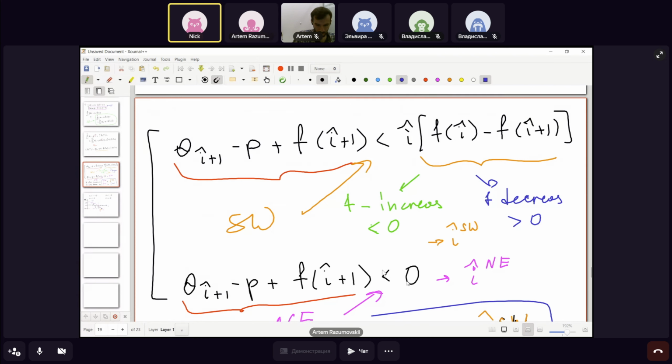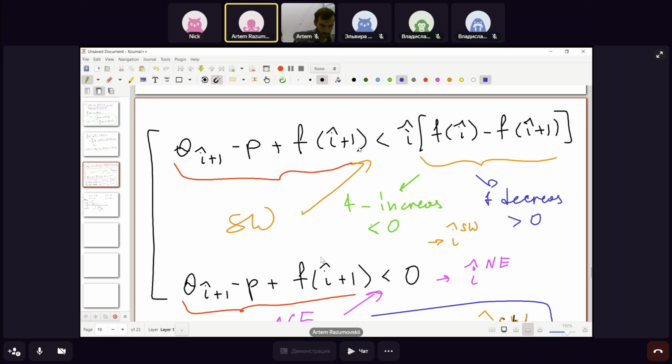Yeah. So it's the same in both cases. It doesn't matter, you always compare with 0. But if f is decreasing, then this difference is positive, right? Because then you move to the plus 1, so you get something lower. Yes, the difference is positive.